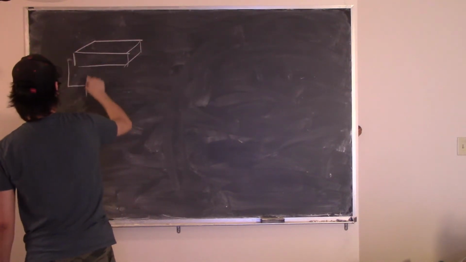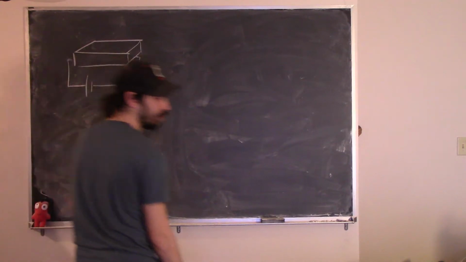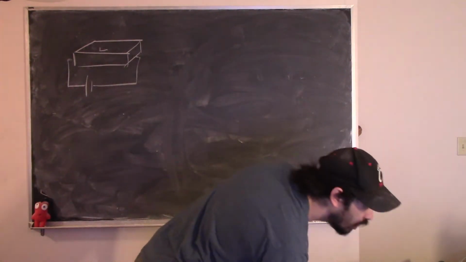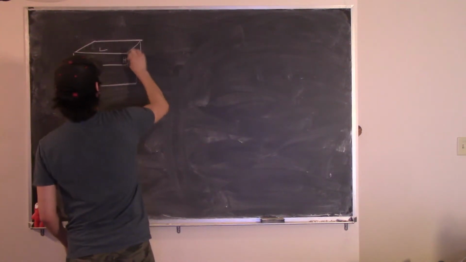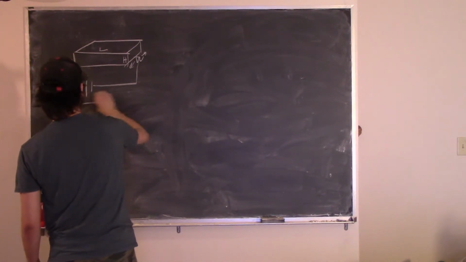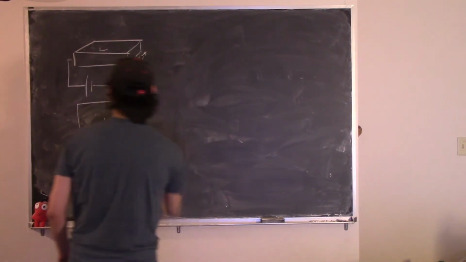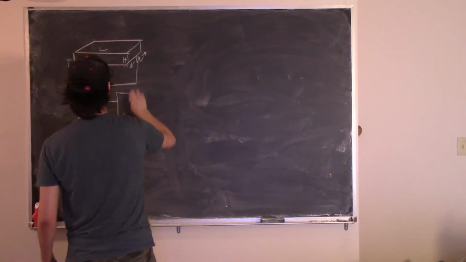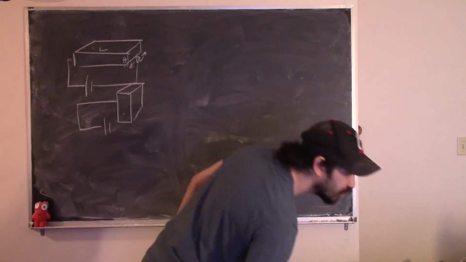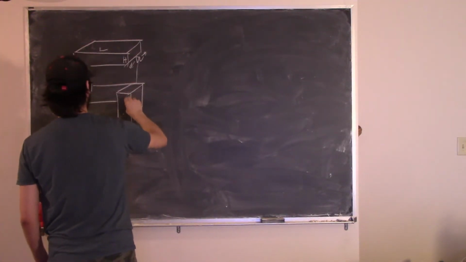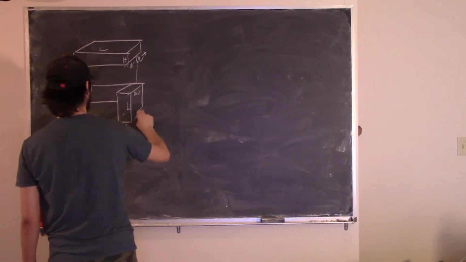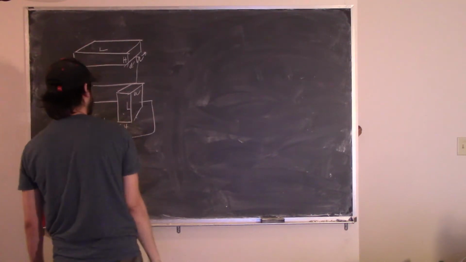So this is one orientation of this. And then the other one, let me label this. This is L, this is H, and this is W. Then if we flip this so that now it's like this, where this length is L, this is W, and this is H, and this is connected from this side over here.